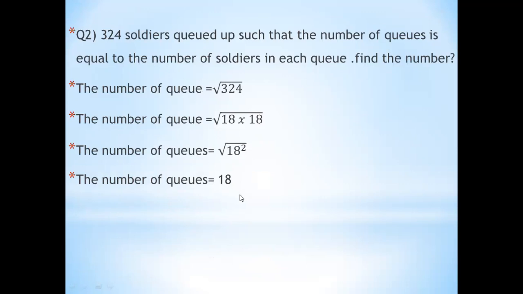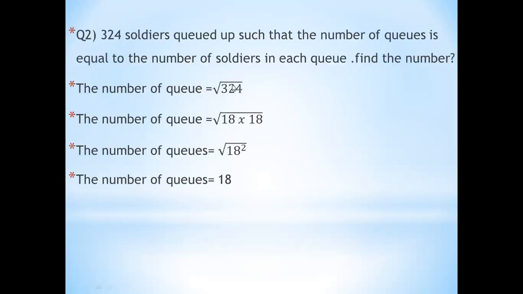It means that in each column 18 soldiers are standing and the total number of queues is 18. To find the number of queues, we take the square root of 324, which is 18 multiply 18. Here square and square root cancel, so 18 is the number of queues, which is the required answer.